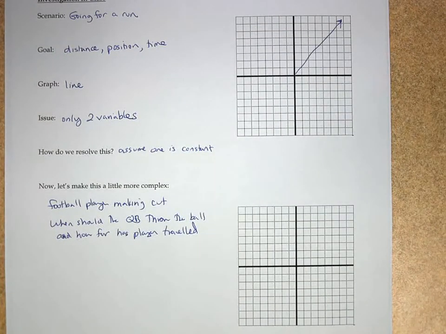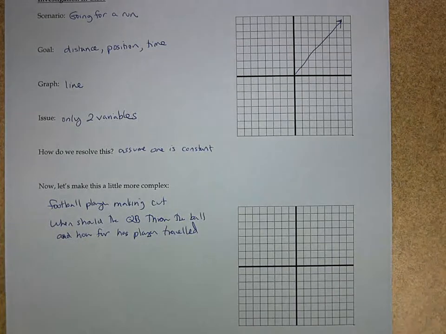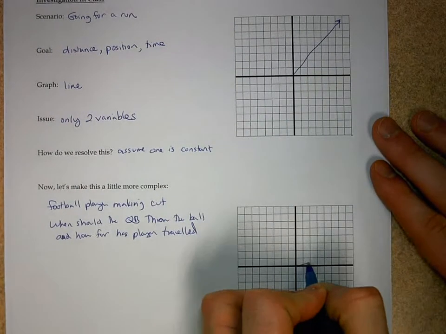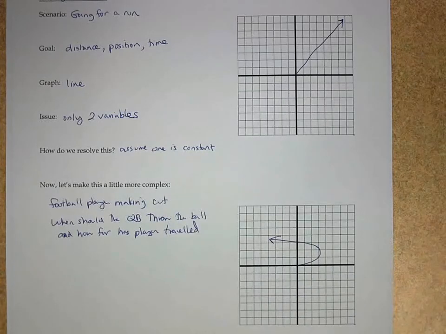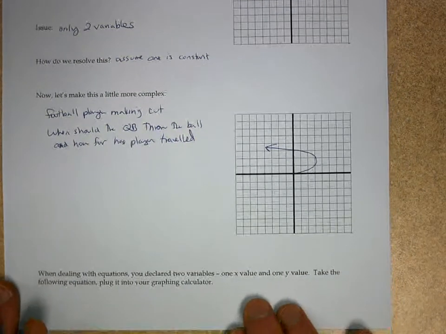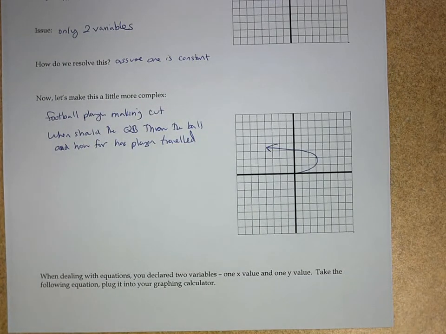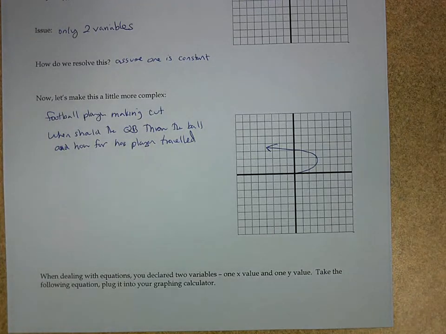So I could do some sort of position time graph that would look like this. But I'm still restricted here because I've only got two variables in a three-dimensional world. So what we're going to be doing is declaring a third variable, which we're going to call time. And we're going to plug that into our calculator and see what we come up with.